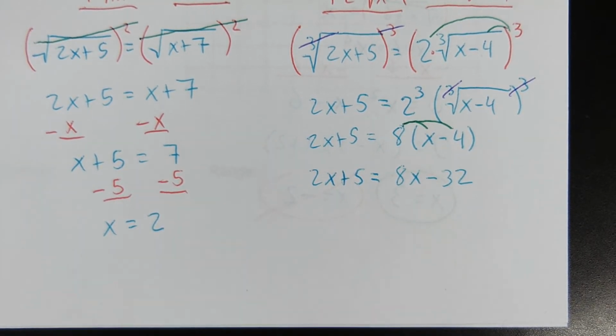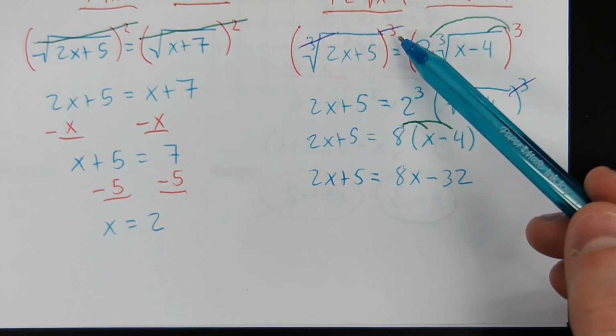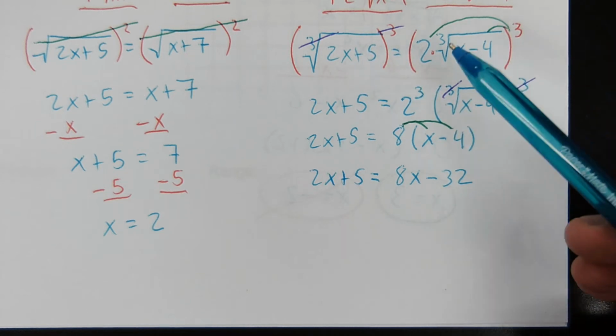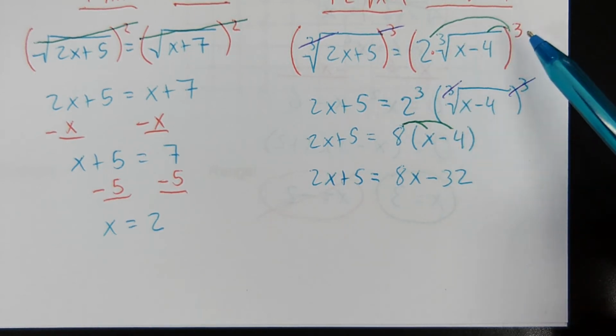Got a question for me, Nick? What's up? So whenever you multiply both of them by 3, your root got canceled. Yes. It's going to make it cancel on the right because you have a number in front of it. So when I raised both sides to the third power, the goal was to cancel the third roots, right? But the problem was inside this set of parentheses, there were two different objects that were getting this exponent.